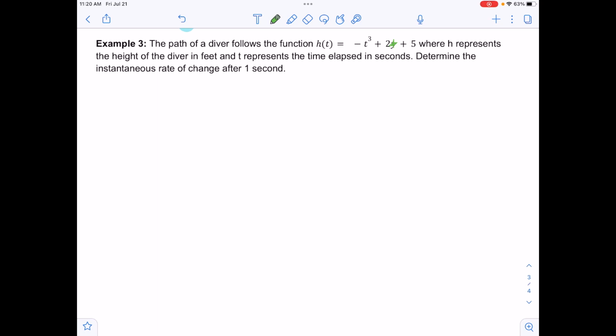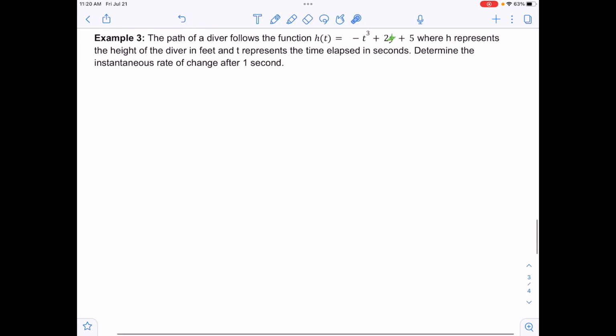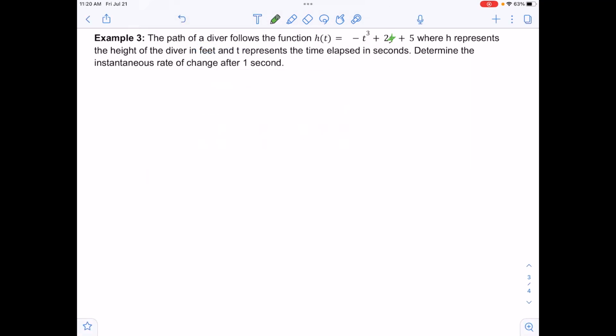Previously, I've used the letter h as my difference, my delta x. Here I'm going to be using a instead, because I already have an h in my equation. So, IROC is h(t + a) - h(t), all divided by a.